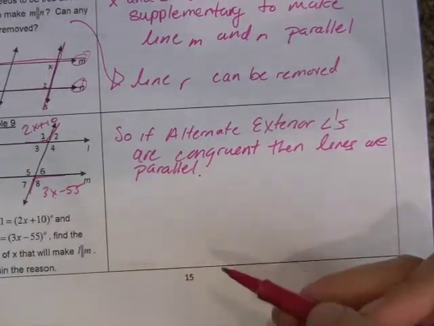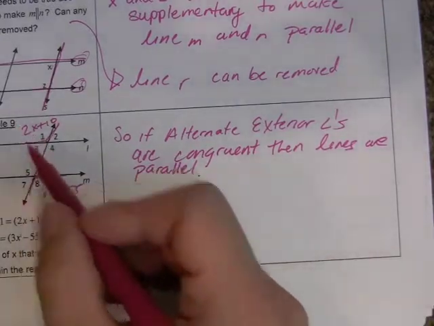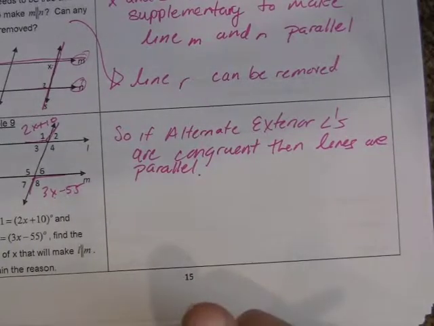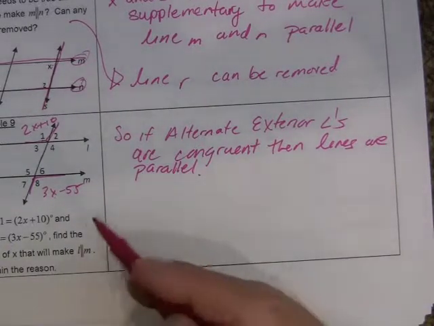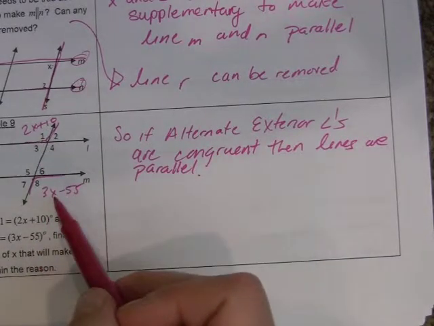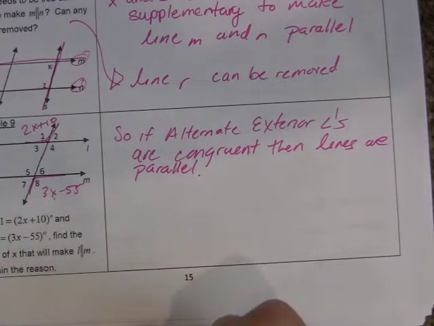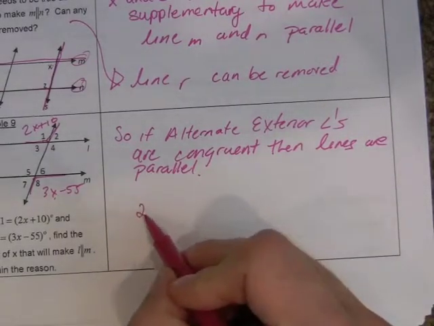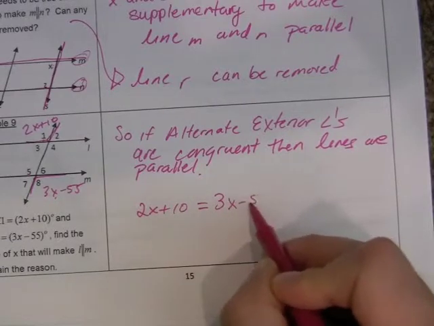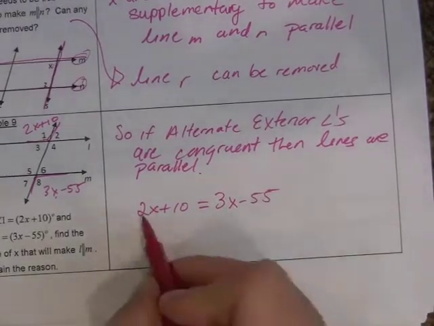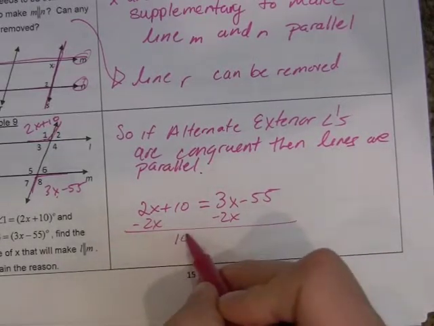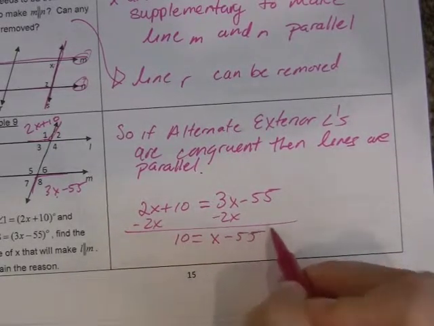So what we need to do is set these two expressions, 2x plus 10 and 3x minus 55, equal to each other. And we'll find the value of x that makes these angles congruent and thus makes the lines parallel. Taking 2x plus 10 equal to 3x minus 55, we can subtract 2x from both sides, which gives us 10 equals x minus 55.